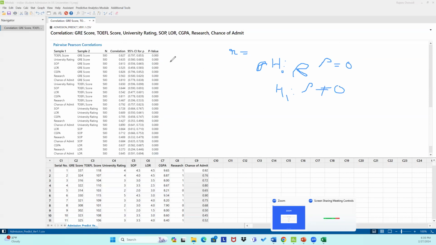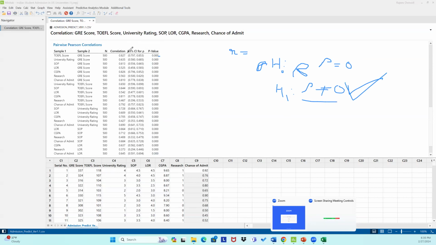So look into this. Based on this, all p values are almost 0. That means if the p value is more than alpha, then we fail to reject the null hypothesis. But here all are less than alpha, so everything is not 0.